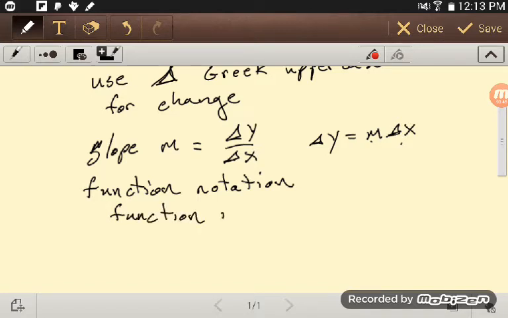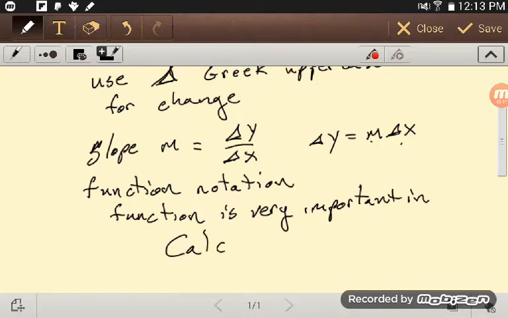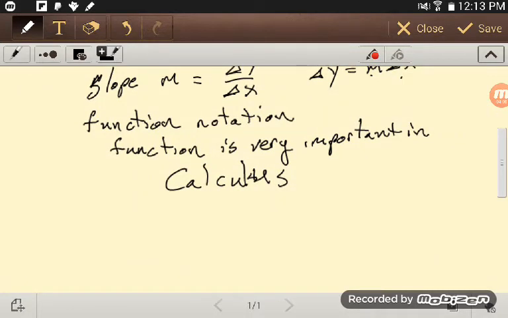Function is very important in the big C, calculus. Okay, so yeah, very important, and so we want you to get used to that idea of function.